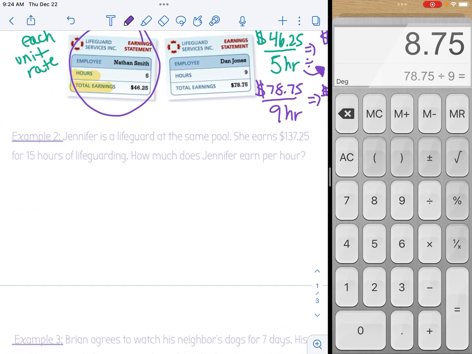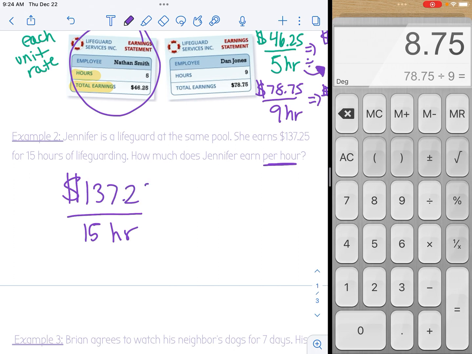Example 2. Jennifer is a lifeguard at the same pool. She earns $137.25 for 15 hours of lifeguarding. So I'm going to go ahead and set this up as my rate. I know we're trying to find per hour here, so hours is going to be on the bottom. 15 hours, 137.25.